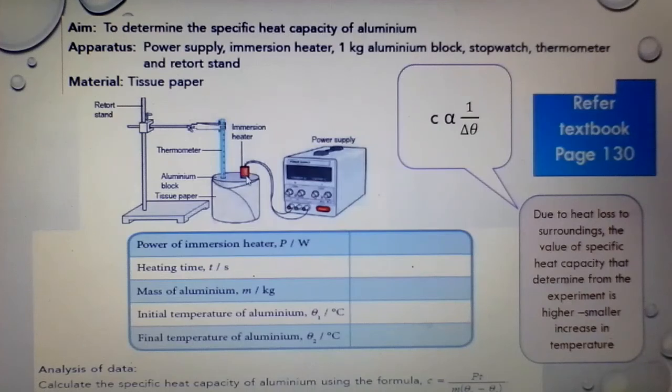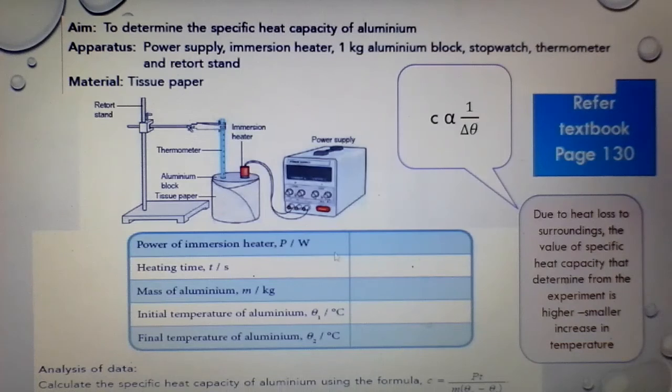So you just put a few drops of oil into the holes so that it will produce uniform heat transfer from the heater to the aluminium block and from the aluminium block to the thermometer. Okay, so you wrap the body of the aluminium with tissue paper to prevent heat loss to surrounding.